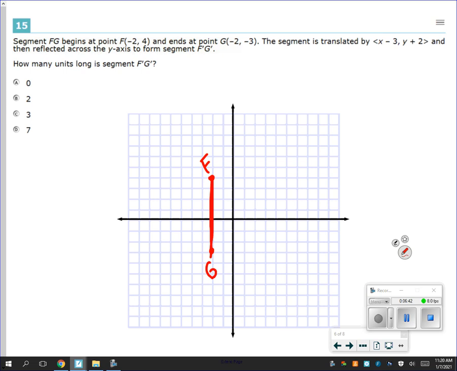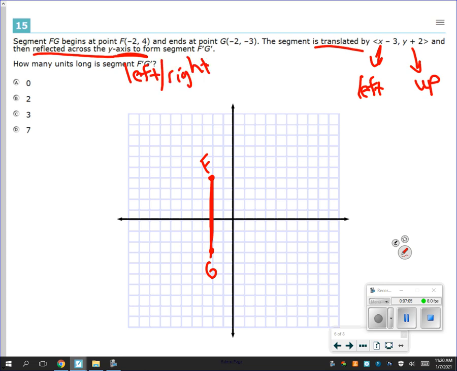The segment is translated by x minus 3, y plus 2. So negative 3 on the x, that tells me that's left. Plus 2 on the y, that tells me it's going up. And then reflected across the y-axis, that's going to be a left-right flip. All that's going to happen here. Form line segment FG prime.